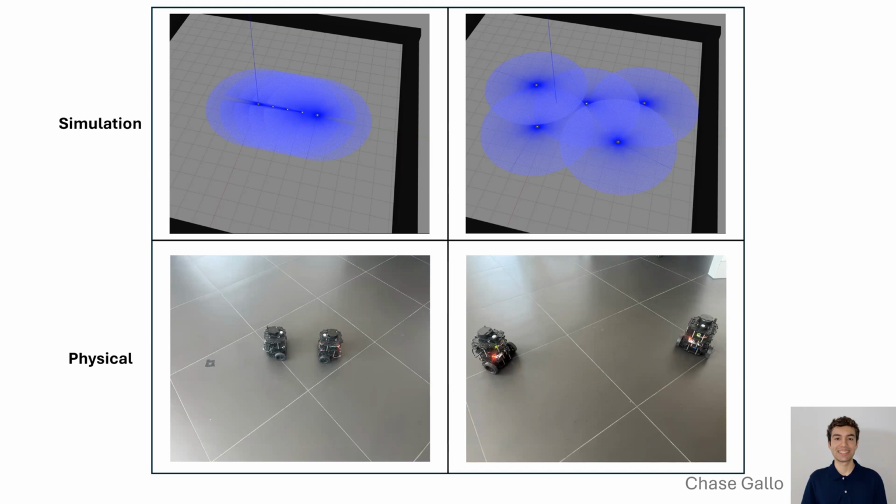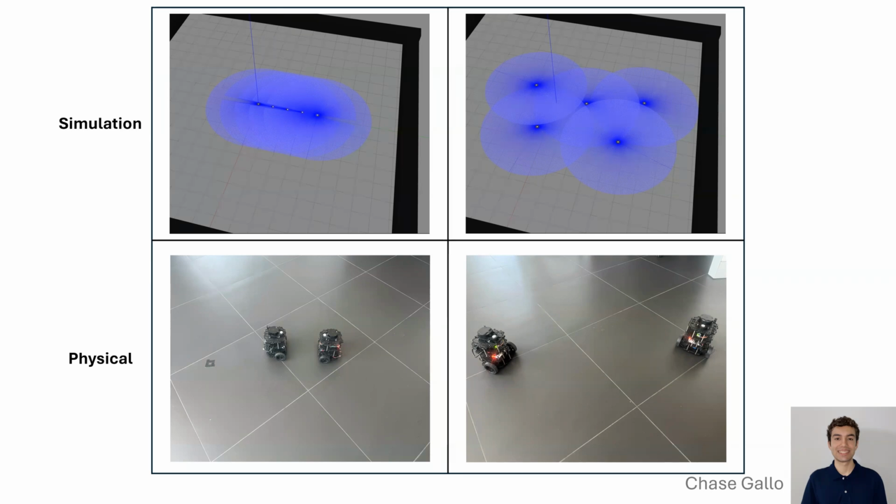These pictures show some of the dispersion patterns we did in simulation. So on the top left, there were 5 robots lined up, and then we had run the dispersion pattern, and you see they each dispersed within the distance that was specified, and then they stopped moving after.